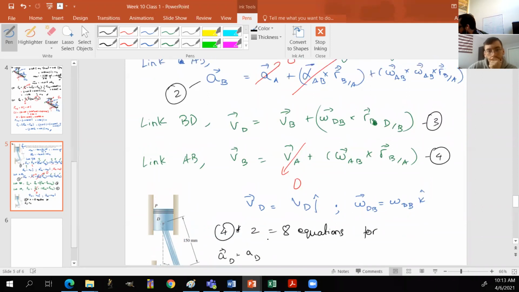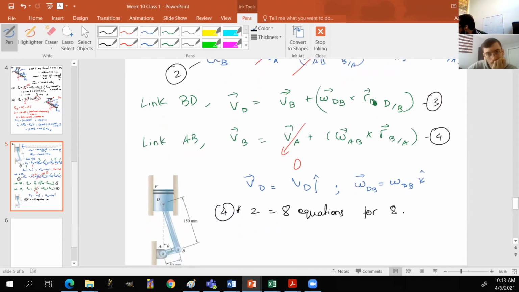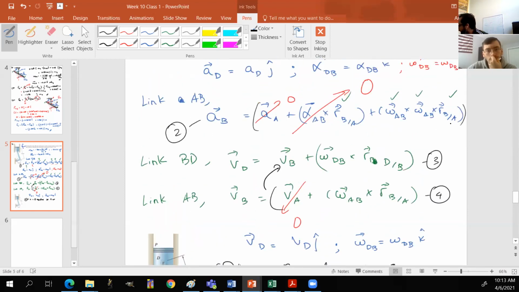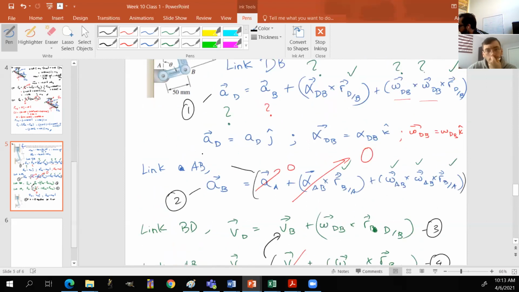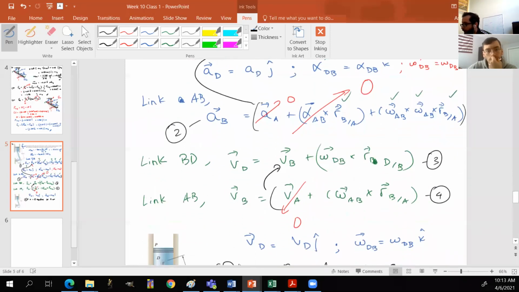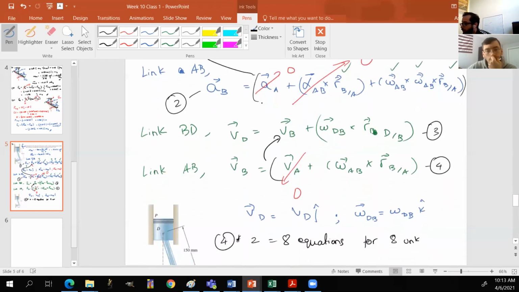You know what? I'm not going to write it. Or you could cut these down too, guys. You can plug this expression into here and this expression into here, and then you've taken out 2 expressions, but you've also removed 4 unknowns, right? So then you're left with 4 equations for 4 unknowns. That's just algebra.